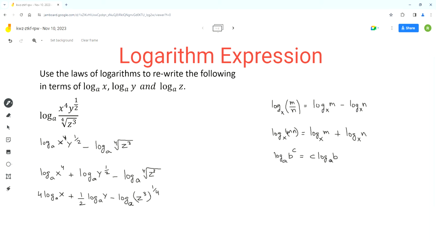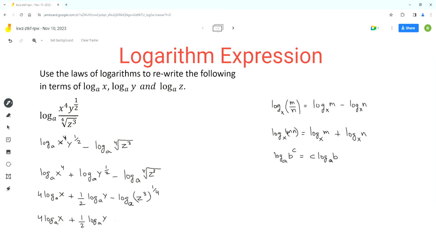Now we can simplify the z term further. Now for the x and the y terms we cannot do anything, so they stay the same. So 4 log of x to the base a plus half of log of y to the base a.